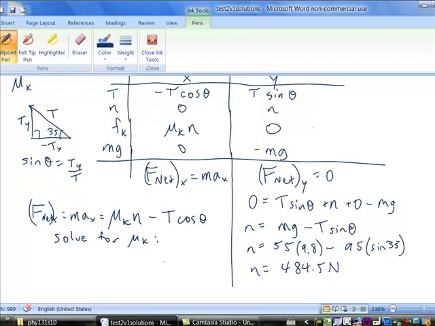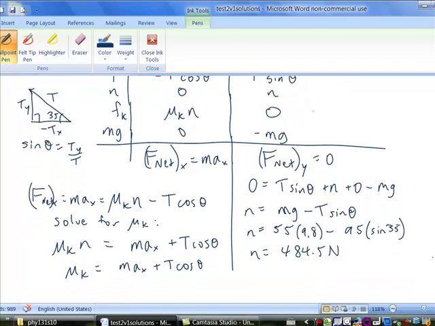I'm going to have mu sub k times N equals m a sub x plus T cos theta, and mu sub k is equal to m a sub x plus T times cos theta divided by the normal force, which we found from before.